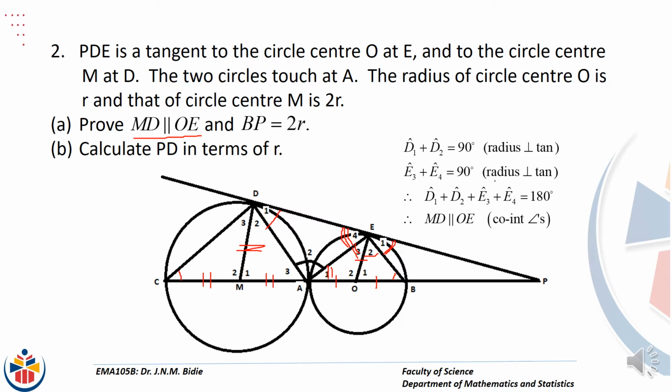Also we have base angles on the bigger circle. D2 is equal to A3 because MA is equal to MD, and we also have C equal to D3, base angles of an isosceles triangle as well.